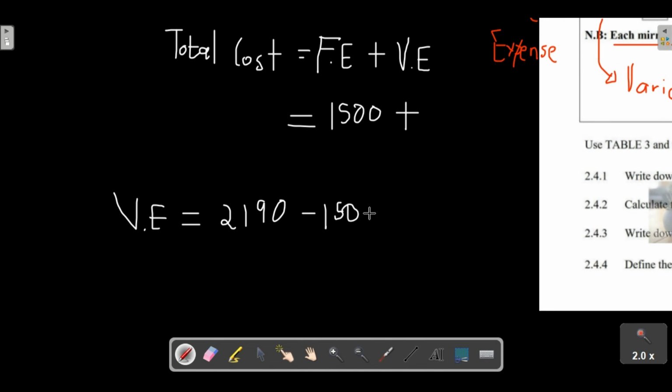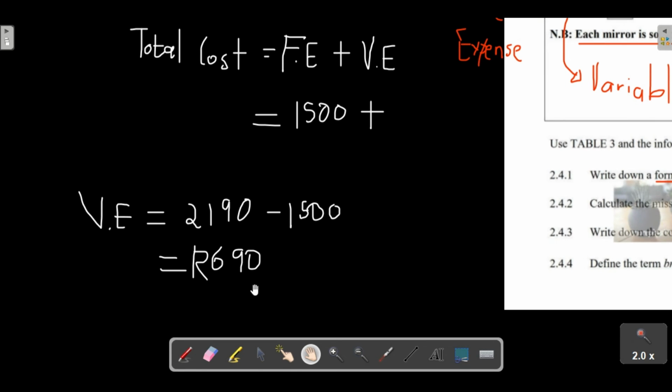What we are looking for is the cost to make one mirror, so we just want to subtract that fixed cost there, so that we are left with the cost to make one mirror. So that is going to be 2,190 subtract 1,500, and that is going to be 690, right? So 690 is the cost to make one mirror.